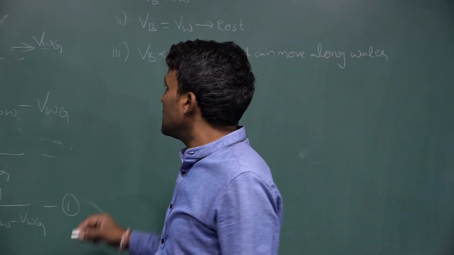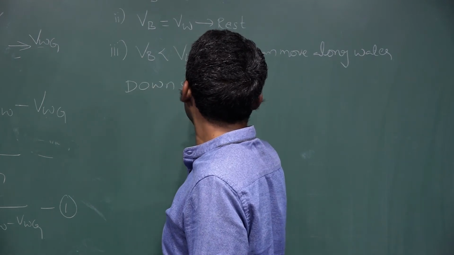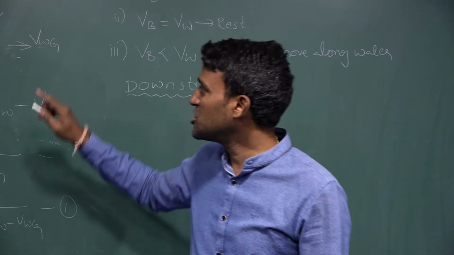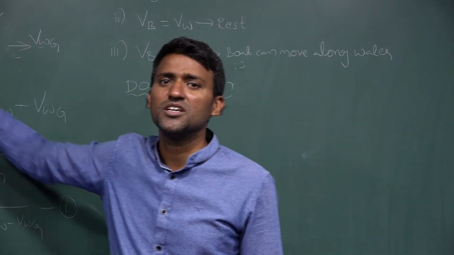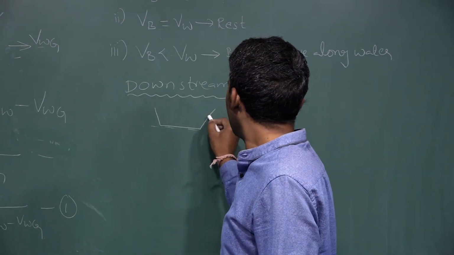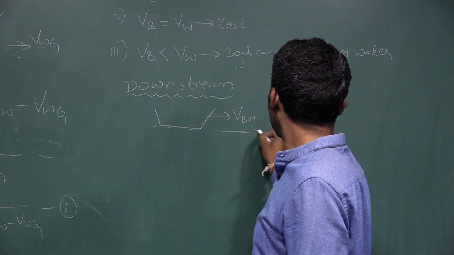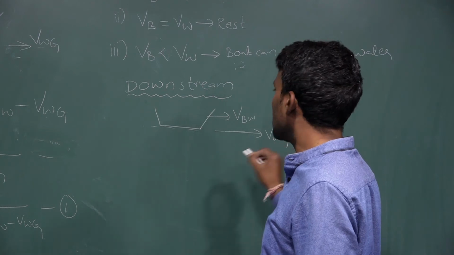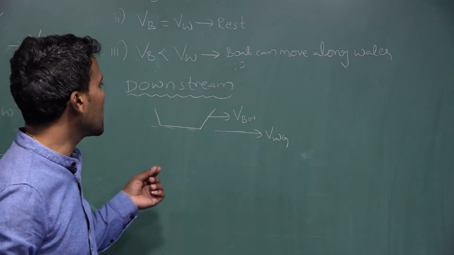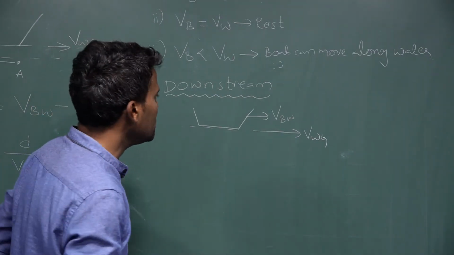Next one, downstream, I am writing downstream. What is downstream? Upstream is where both are in opposite directions. Downstream means the velocity of the boat with respect to water and the velocity of the water with respect to ground are in the same direction; that we can call downstream.